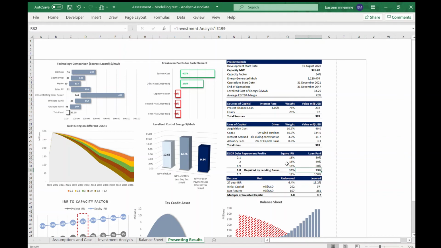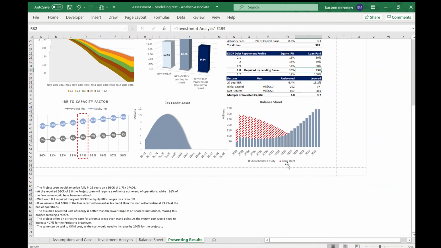To get to 100% amortization within the operating period, I need a 1.7 DSCR. This is the tricky part of the project: it is not recommended to go for this project if you have a 1.8 DSCR because you can't negotiate it with the banks. If you can, that is great, but you need to assume a refinancing by the end of the operating period, so you would need to assume another PPA, power purchase agreement.